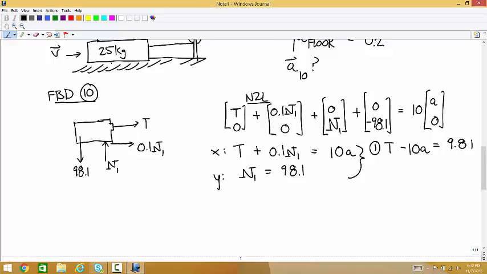I did a couple of algebra steps there, so stop me if there's a problem with that. We have a second equation that says N1 is equal to 98.1. And that's the information that we have coming out of isolating that first body.